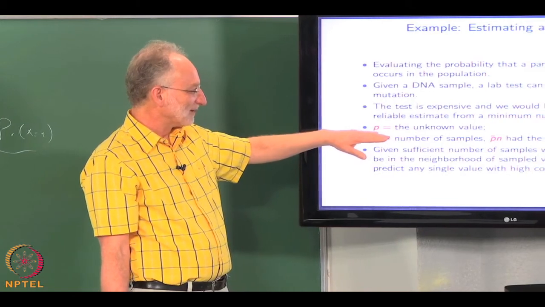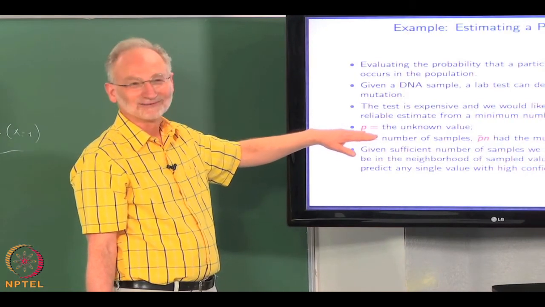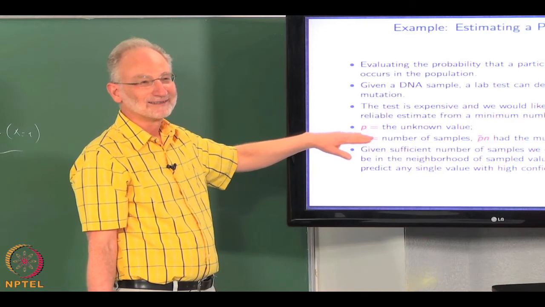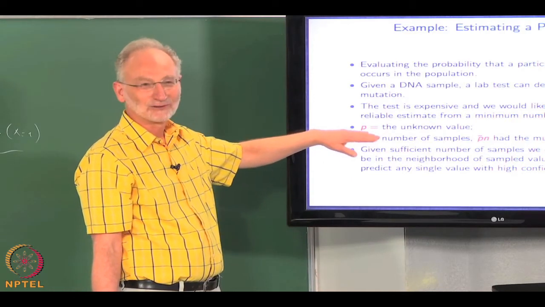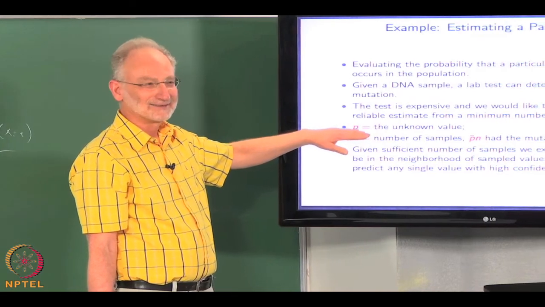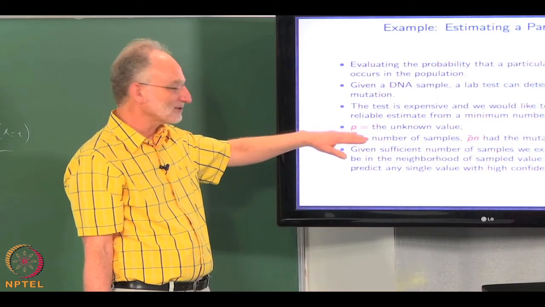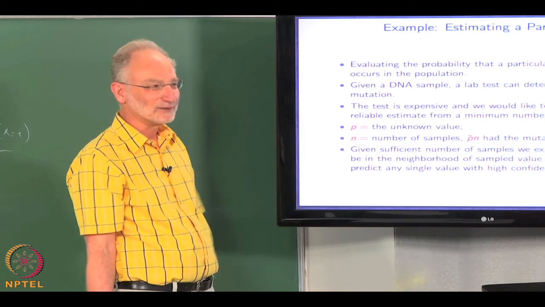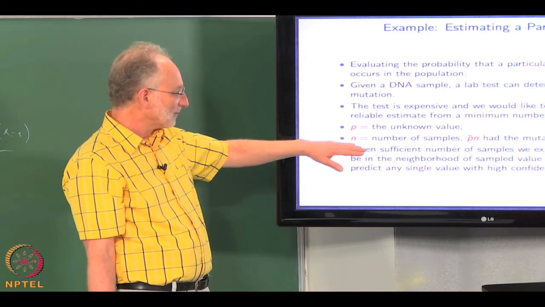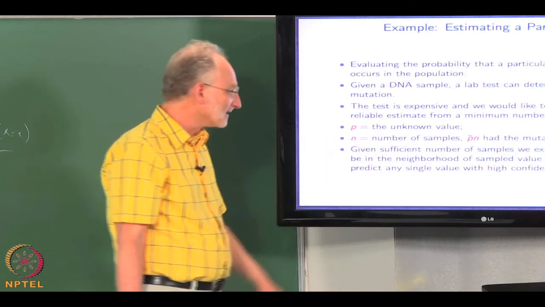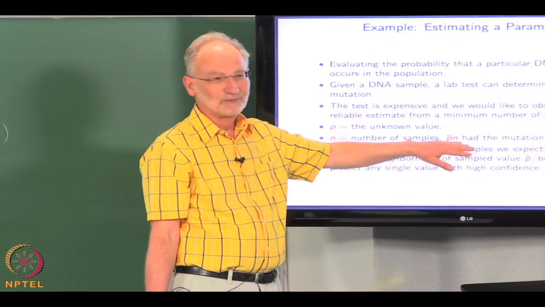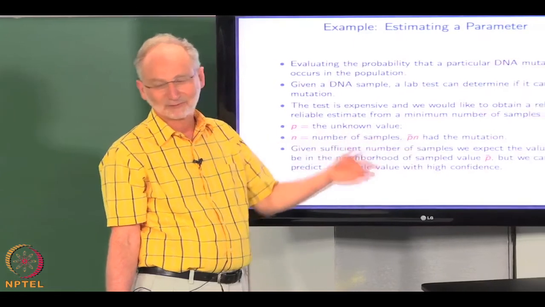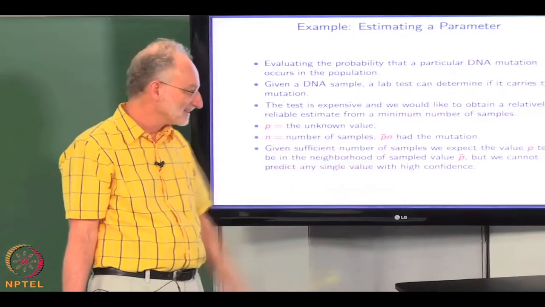So we want to estimate a value that is unknown. We are in what's called classic statistics. P is some unknown, only God knows that. It doesn't tell us, so we are only estimating it. We'll never actually know the real value. We take n samples, and P tilde n will be the fraction of the samples that had what we're looking for, say the mutation.